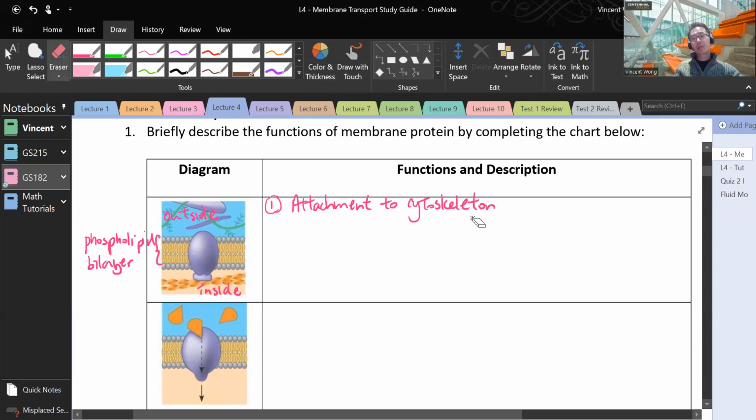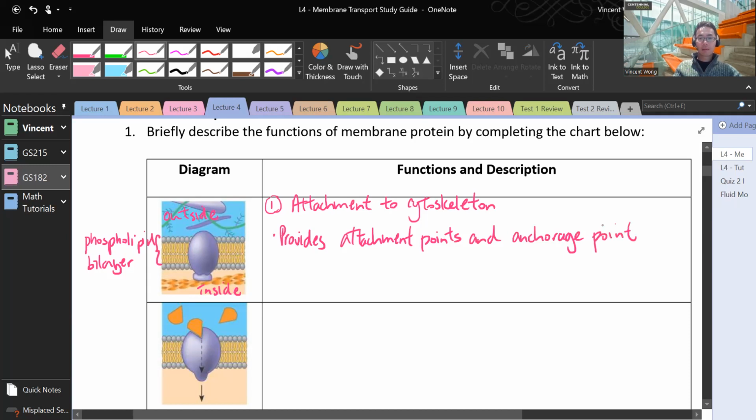We learned about cytoskeleton last week. All these green fibers that you see, these purple, orange fibers, those are things like actin, microtubules, all those things. Some proteins have to be able to attach onto them to form anchorage points, for example, and that would be the job of the membrane protein. So this provides attachment points and anchorage points.